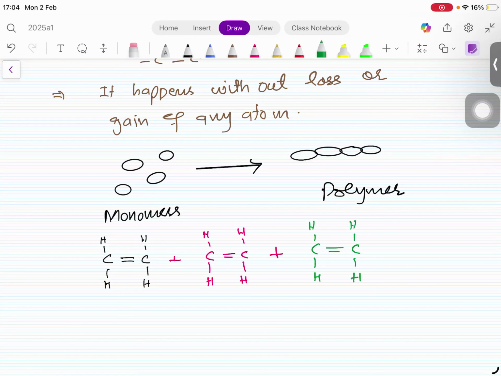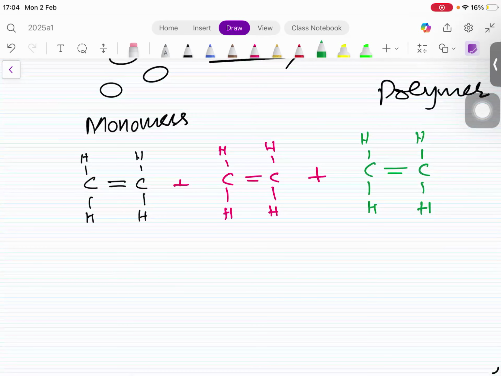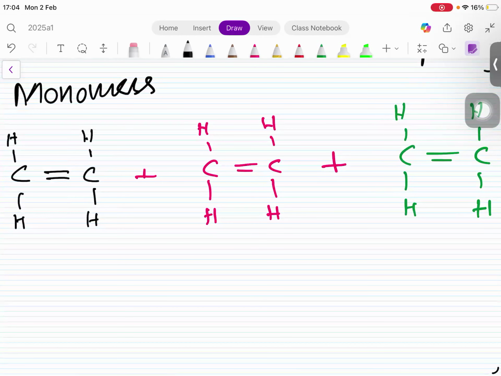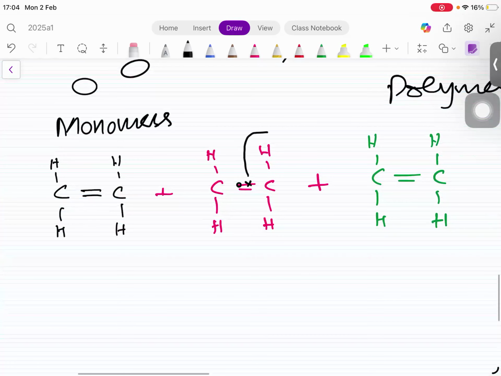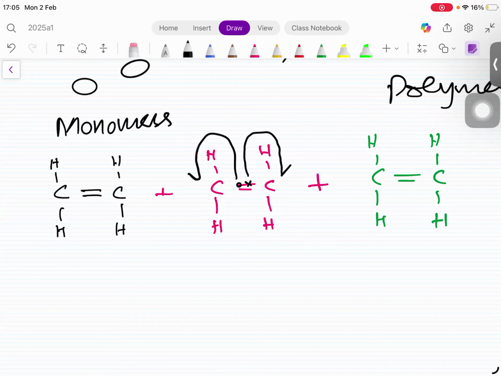So what happens? When you put the catalyst in it, the double bond breaks. One electron goes towards this side and one electron goes towards this side. Similarly, the double bond in this one also breaks.